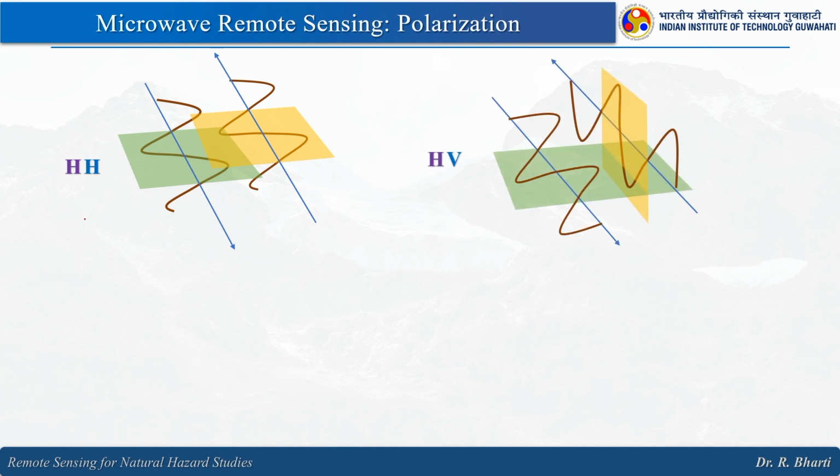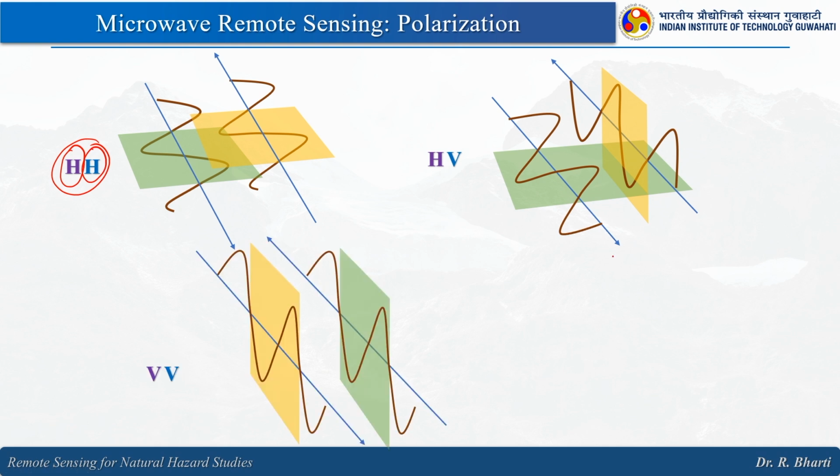Here HH means the first one is the transmitter and this one is the receiver. So, HV is horizontally sent and measured in the vertical direction.